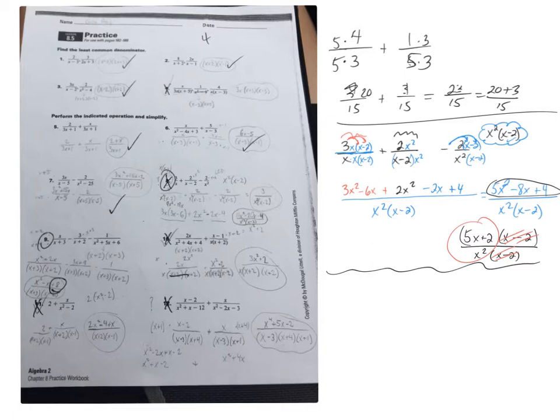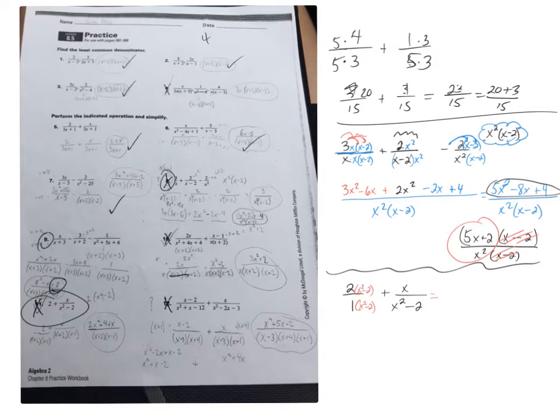We could do one more here. Maybe, well, let's go down here and do 11. That looks straightforward enough. There's a 2 over a 1 and an x over an x squared minus 2. So our common denominator is just going to be x squared minus 2. If we had an x squared minus 2 here, then they'd be the same. So I'm going to go ahead and put x squared minus 2 there, but I have to do it to the numerator also.